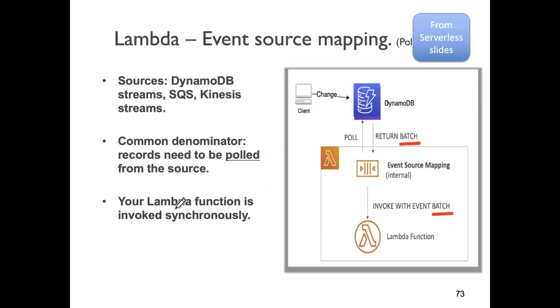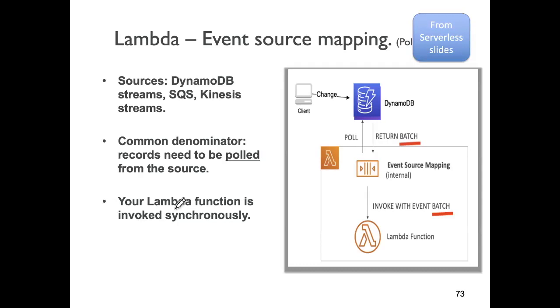Now, this is a slide that we had way back when I started talking about the serverless model and how Lambdas, that's when we started talking about Lambda, because Lambda is the compute serverless option, or one of the compute serverless options provided by AWS. And when we were talking about Lambdas back then, we said that there are three ways that a Lambda function can be triggered.